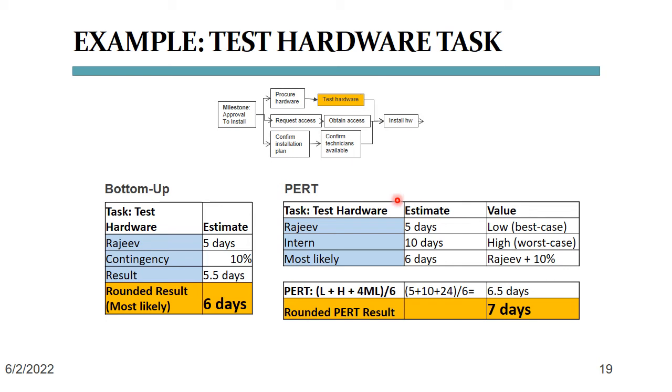So we use those 10 days as the high, worst case scenario. We know Rajiv is a busy guy and have already added our 10% contingency to his estimate and rounded it up, so we use the 6 days as our most likely scenario. Here, we plug these values into our Pert equation and get 6.5 days as a result.